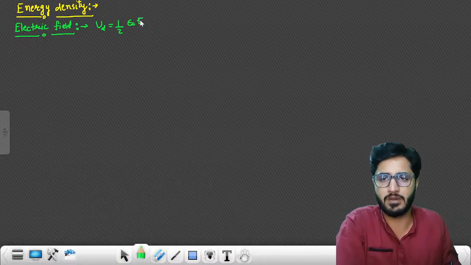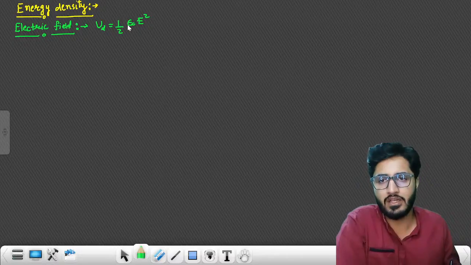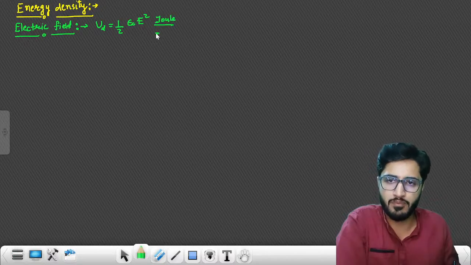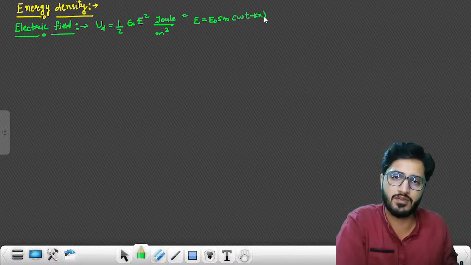E square. Okay. And the unit is, energy density means joule per meter cube. And one more thing, that E equals E naught sine (omega t minus kx).